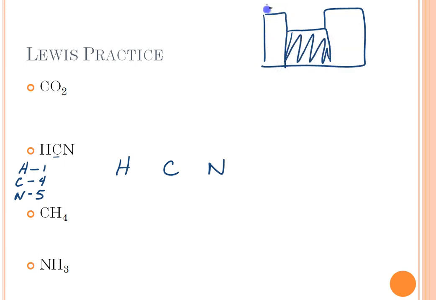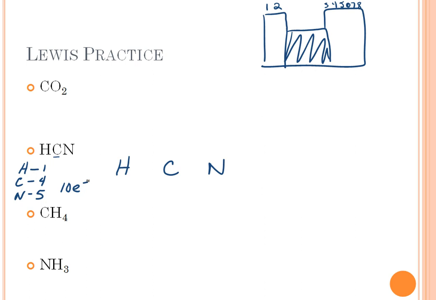So this would be 1, 2, 3, 4, 5, 6, 7, and 8. And so I'm looking at this in order to determine that. So altogether, I should have a total of 10 electrons on my structure.